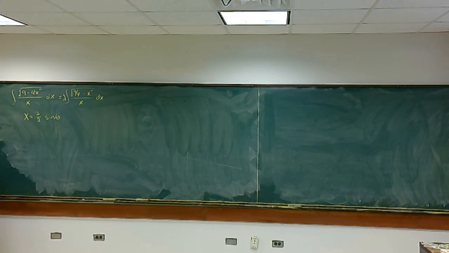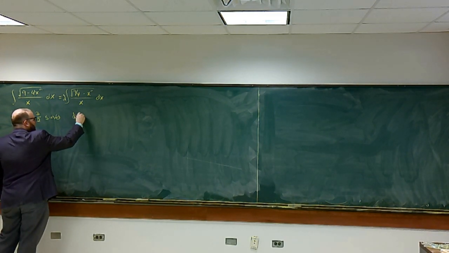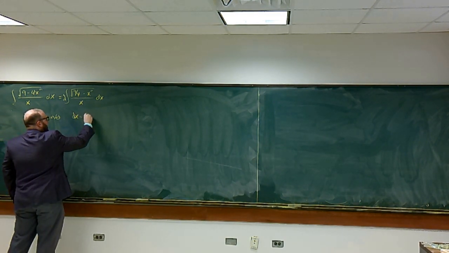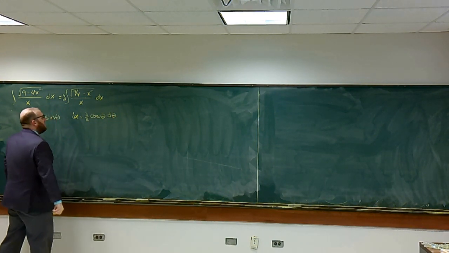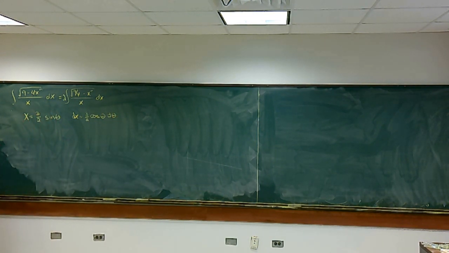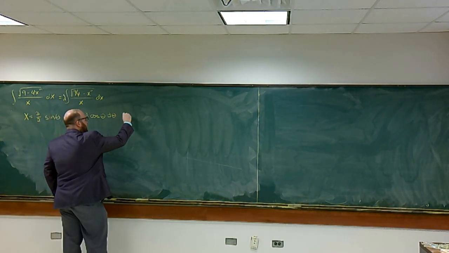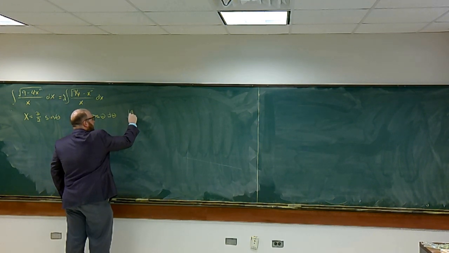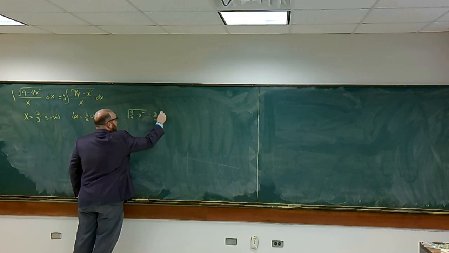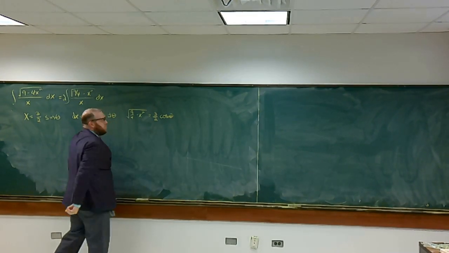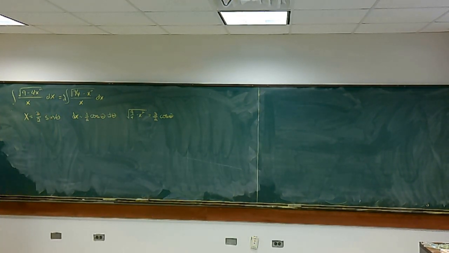There's your x. dx would then be 3 halves cosine theta d theta, and there is what the square root is going to become: 3 halves cosine.